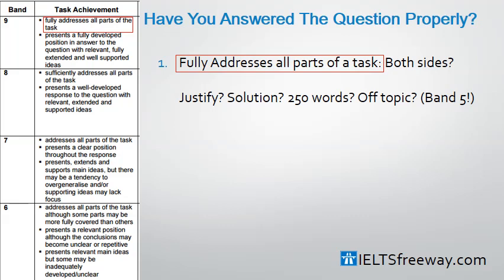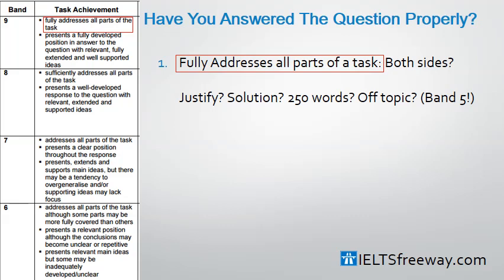If you're doing the give an opinion and justify it question, and you get so excited giving your opinion, but you forget to justify it and say why, then again, you're not addressing all parts of the task. So you go down the band score.